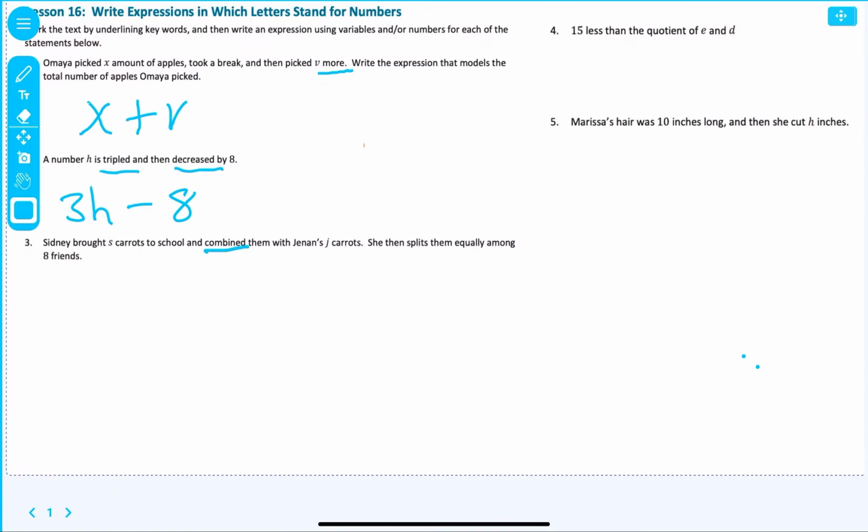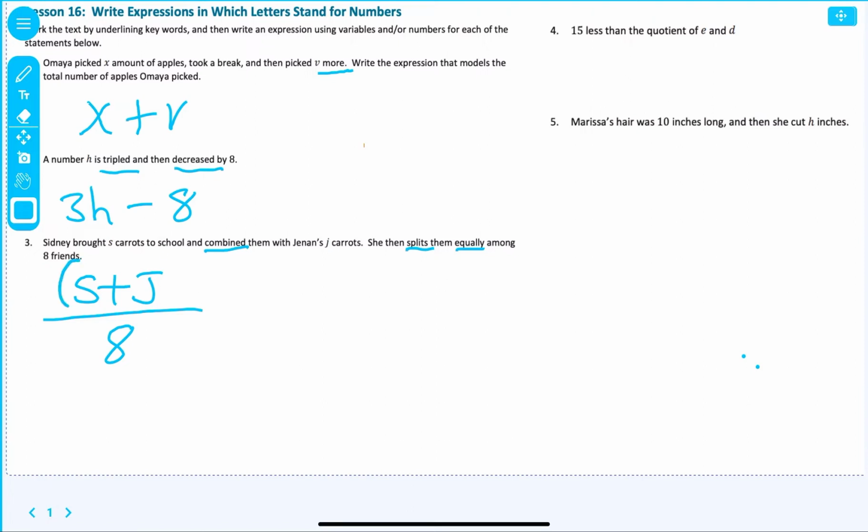Combine. Okay, splits equally. Correct. So how would we write this? S plus J. And if you put all of that over 8, that means you have to add S plus J to divide by 8, right?